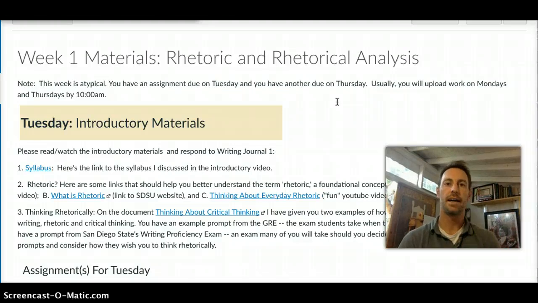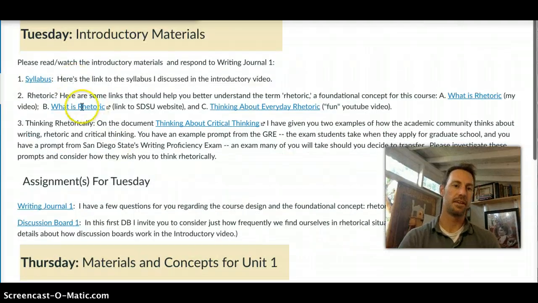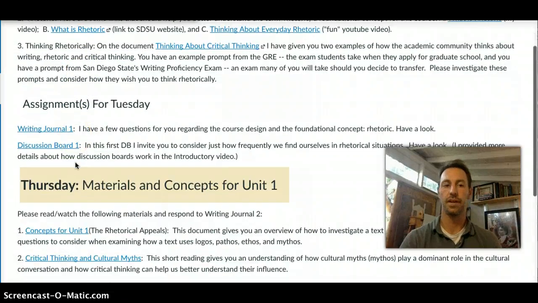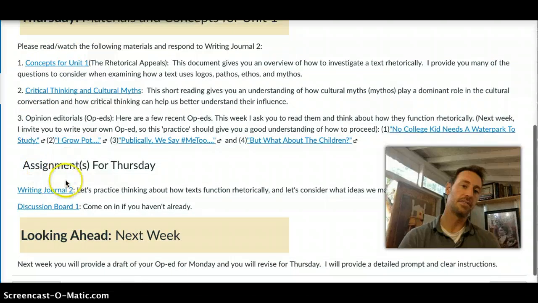I'm explaining that now because if you take a look at how I've organized each week, you can see that I've organized it according to due date. So for week 1, I have all of the materials that you need to read for Tuesday, and I've given you all of the links. And then I have the assignments that you've got to do for Tuesday. I have all of the materials you need to take a look at for Thursday and the assignments for Thursday.